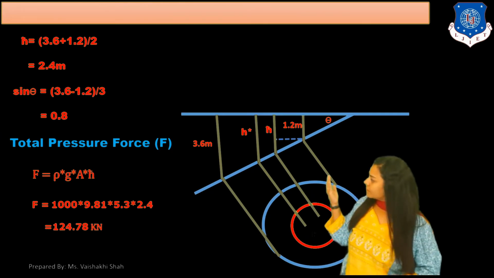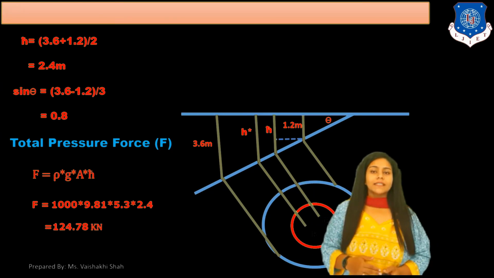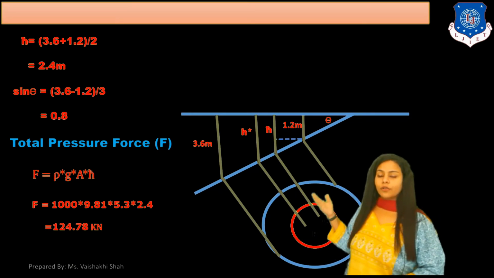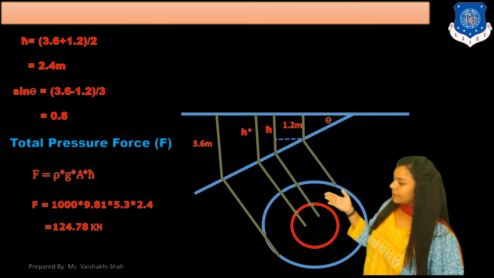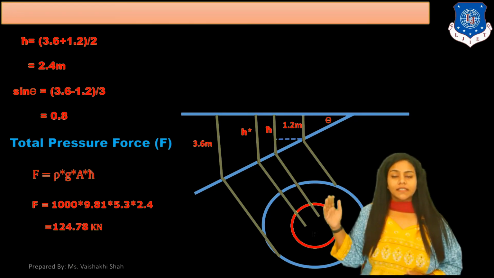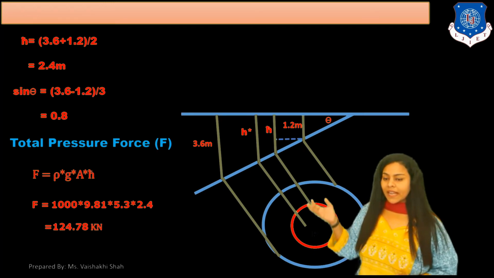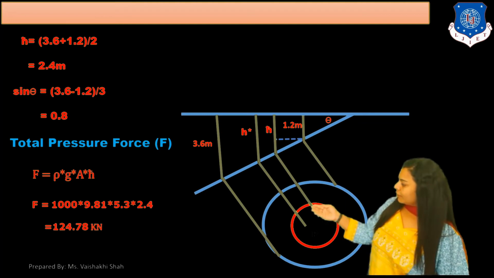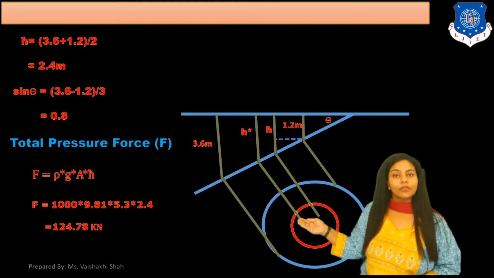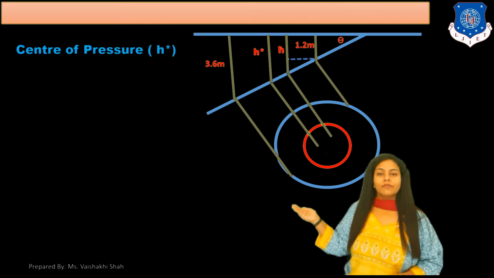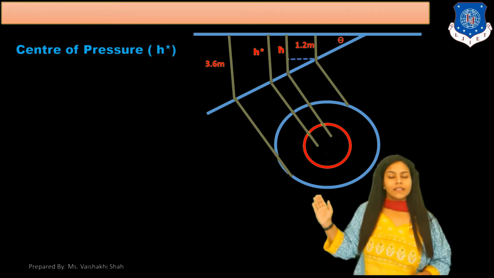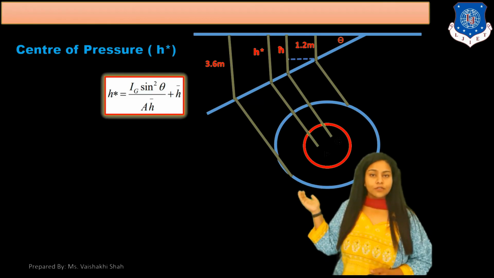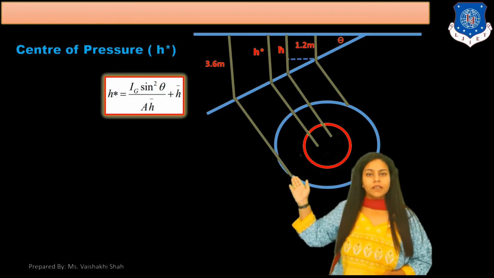Now the equation to find out total pressure force is F equals rho g h bar into A. Rho is 1000, g is 9.81, capital A is 5.3, and h bar is 2.4. So your final answer for F is 124.78 kilo Newton. Secondly, we have to find out the center of pressure, that is h star, and the equation for h star is Ig sin square theta upon A h bar, plus h bar.